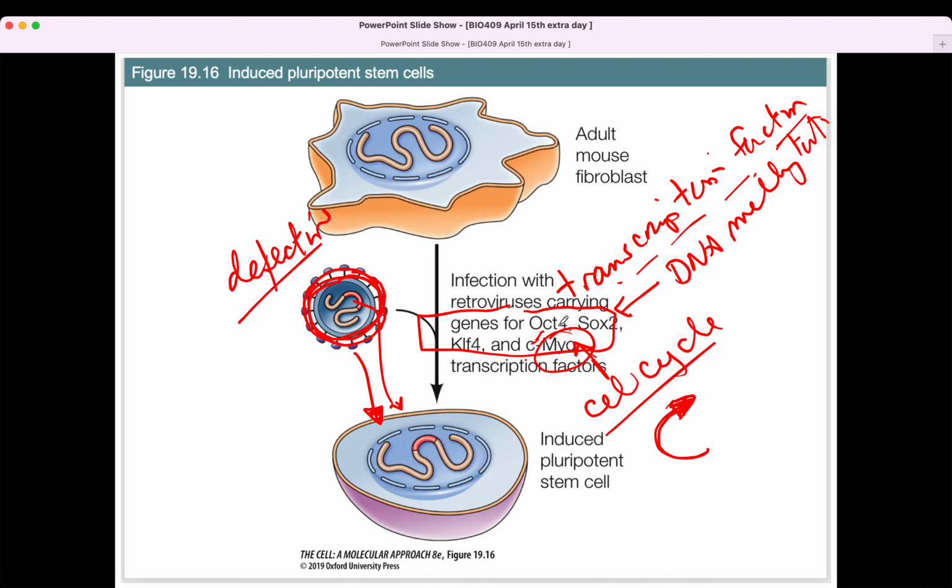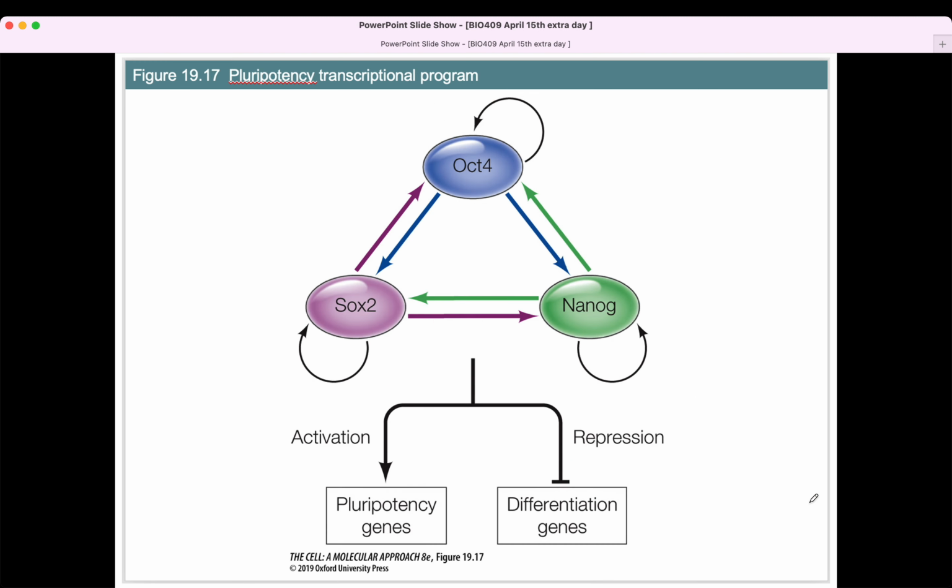And so one of the things we're going to need to turn this into a stem cell is to remove some of those methyl groups on the DNA. So Yamanaka's work is really satisfying because he found these 4 transcription factors that could activate a set of genes, express them, and stimulate the cell cycle, and also decrease the amount of DNA methylation on the DNA.